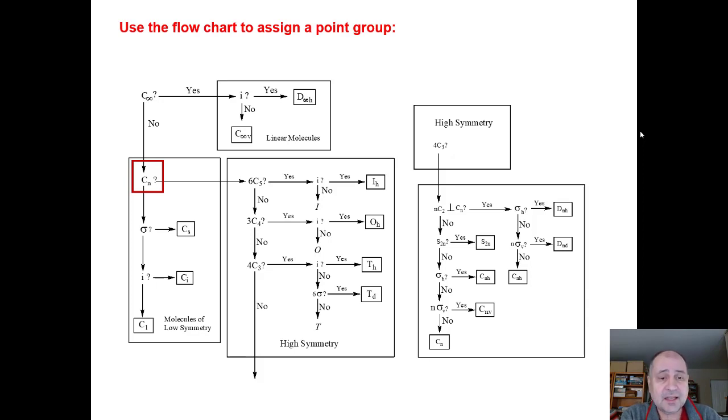And so, like I said, if you go down to the higher symmetry block and you end up at this, are there 4 C3s in this structure? And if you answer no, you end up coming over here to the lower symmetry block. So you see I have repeated here the question for C3s. This just simply represents this entire higher symmetry block.